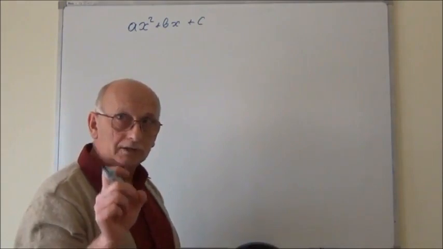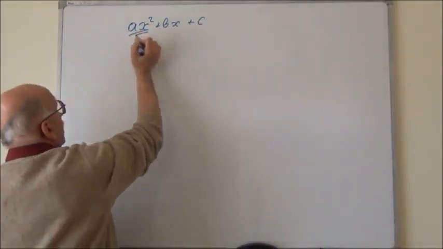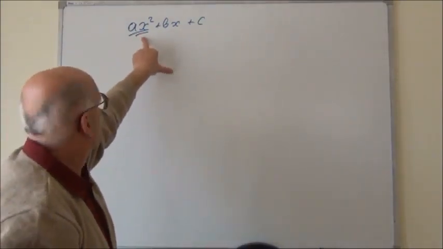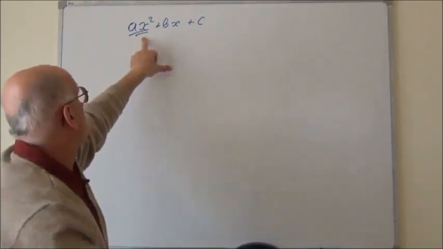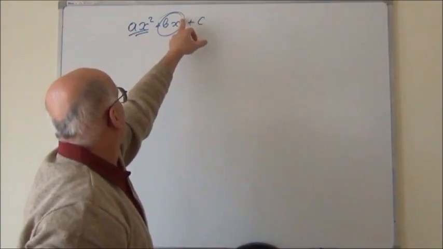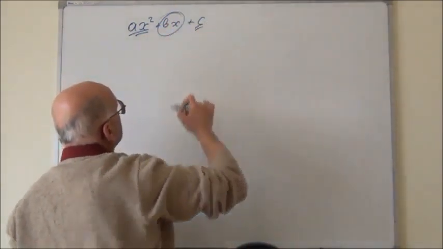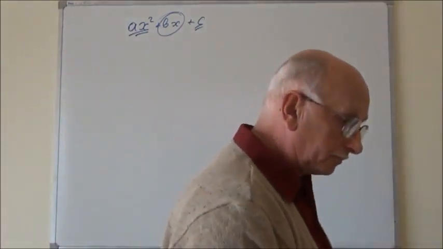What is important to understand for standard form is that the term with x power 2 is always the first term in that expression, while the term with power 1 is second, and a free term is always the last one.